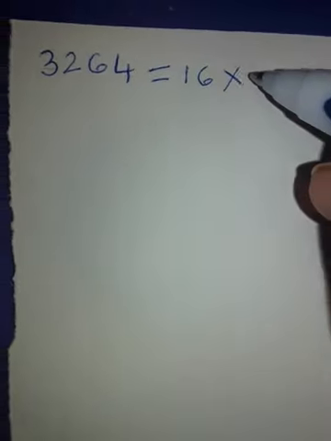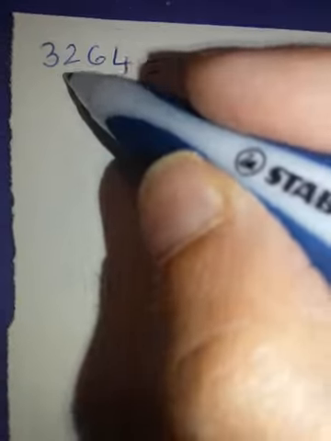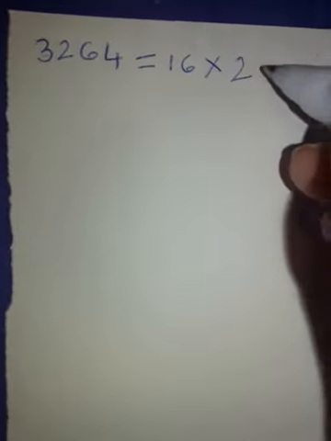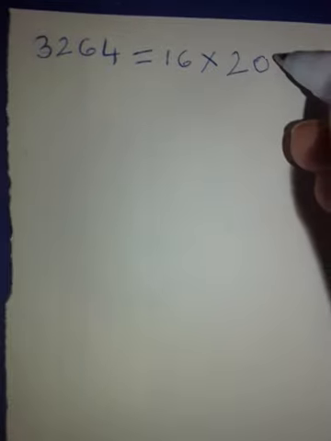So I'm going to start with 16. This is 16 into, as I asked you, try to divide orally. 16 2s are 32, then it will be 6, 0 6. So I need to put a 0 and then 4, so 64. So 16 4s are 64.